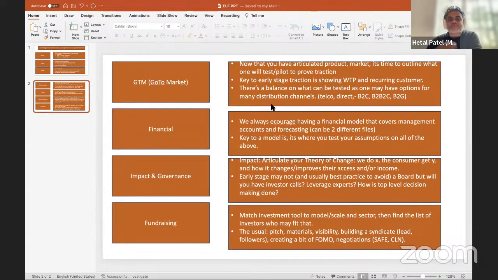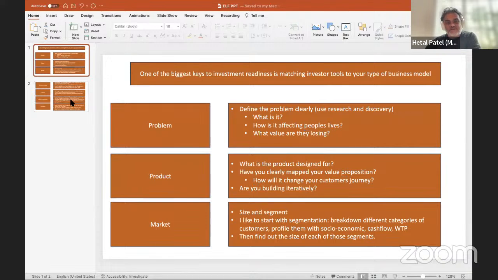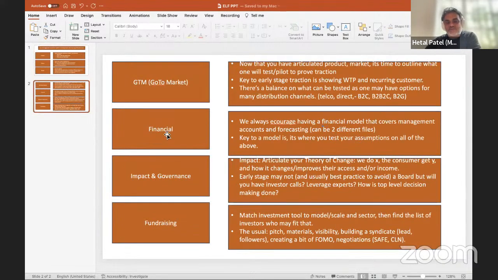So for us, the financial model is the place that you've put in assumptions on everything we've just talked about. You've put in assumptions on your product, your market, your go-to-market, and that's where I can see your thinking. I can see your assumptions and then see if those assumptions make sense to me and stress test some other scenarios.